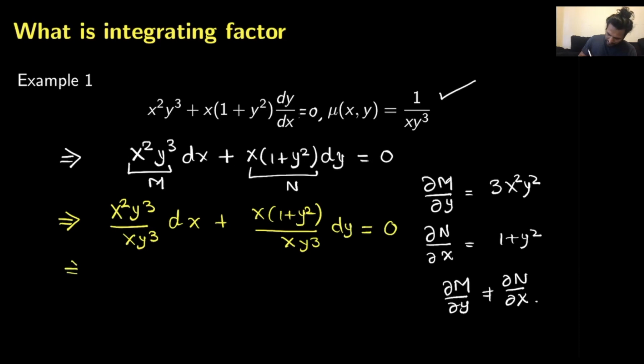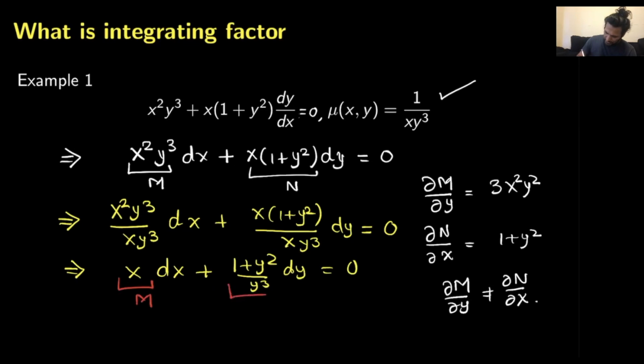Now there will be some simplification here. So if I simplify, x and y cancel out, and this x cancels out. Then this is dx plus, this x cancels out, so 1 plus y square over y cube dy is equal to 0. Now we can choose our new M and our new N after multiplication.